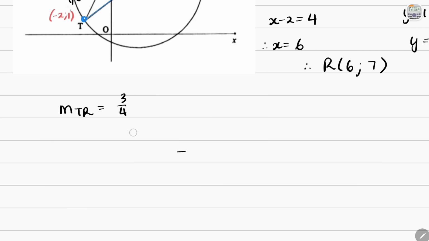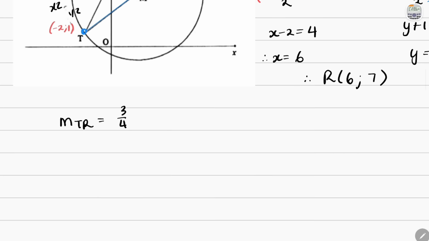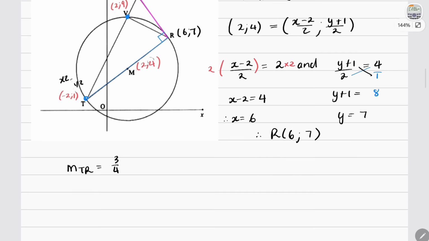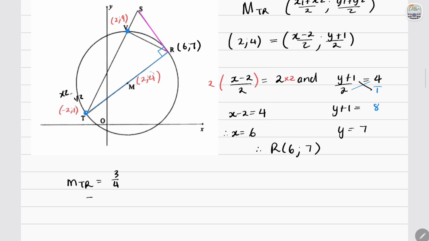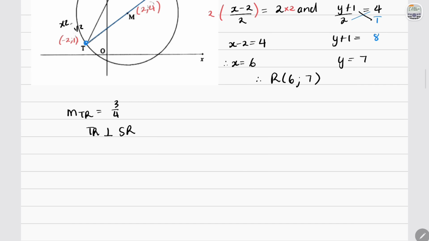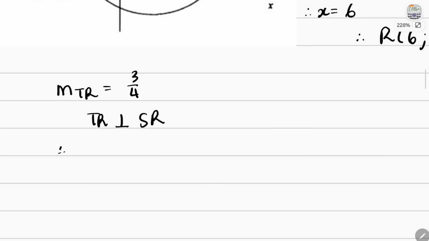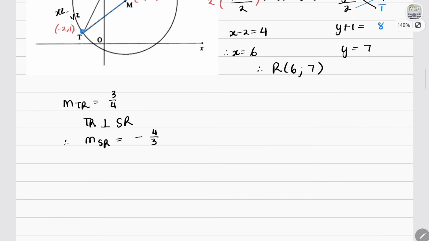Another way to do this is to simply state that TR is perpendicular to SR, and so therefore the gradient of line SR you would find by simply swapping the numerator and denominator here, and then multiplying that by -1. So it gives you -4 over 3. And so that is our gradient.